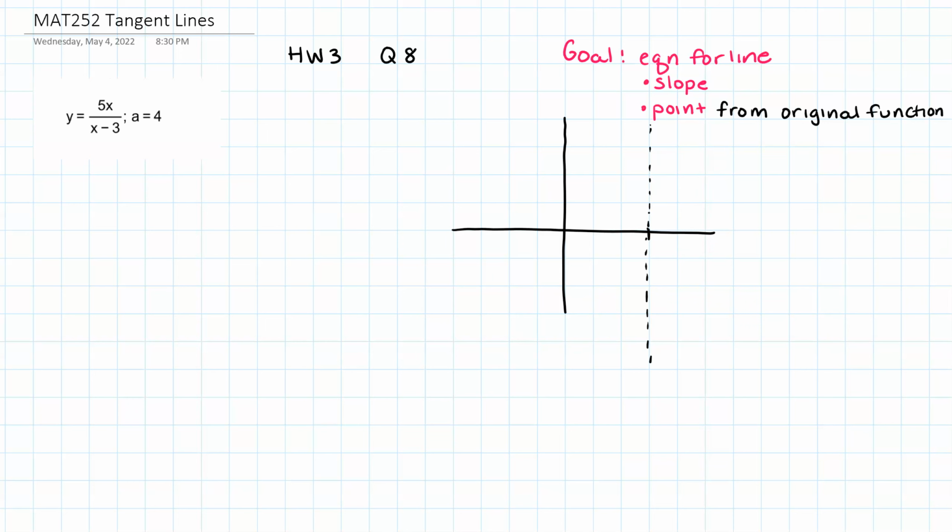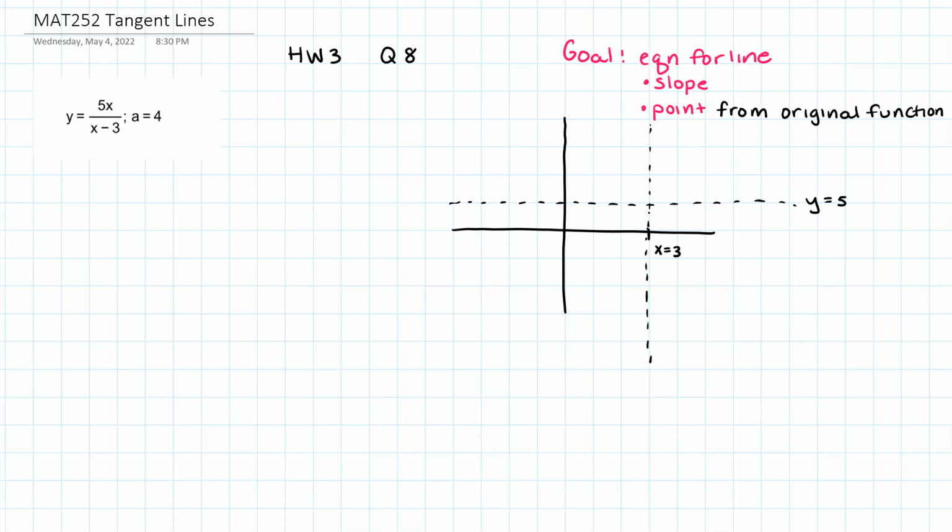And then because the degree of the top is 1 and the degree of the bottom is 1, we just take the leading coefficient on top and the leading coefficient on bottom, and that's going to be our horizontal asymptote. So this is x equals 3, and then we'll have a horizontal asymptote here at y equals 5.